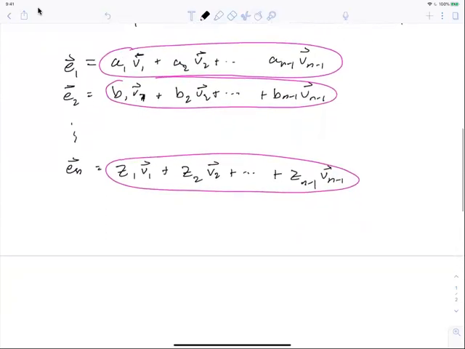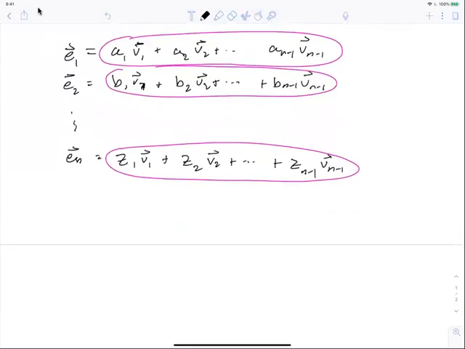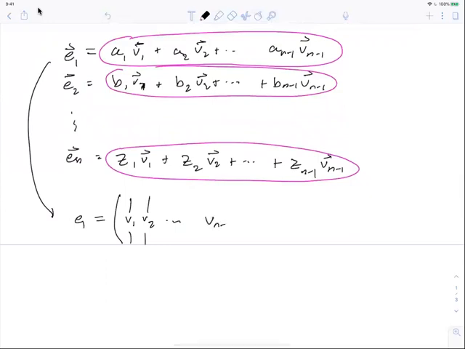So another way of writing this is in fact, for example, E1 is really a matrix comprised of all of these vectors times some vector A1 to An.